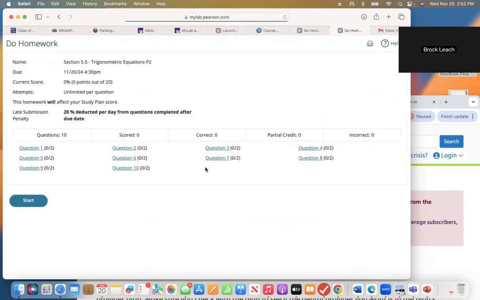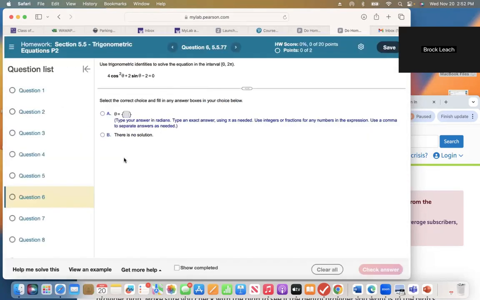Any questions from part two, number 6? Can we see that question 6, please? Yep, this is number 6. This is kind of like the one we did, but we've got different numbers there.